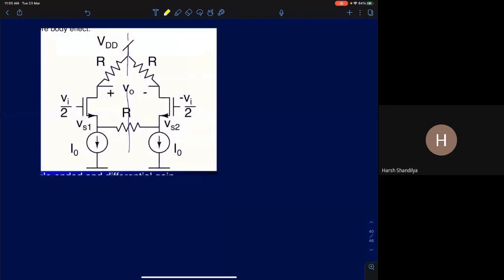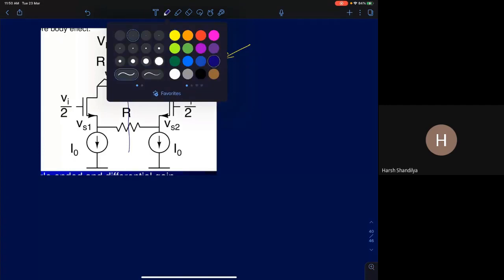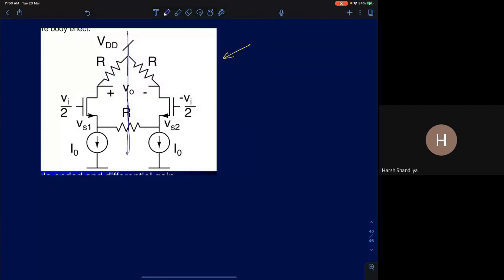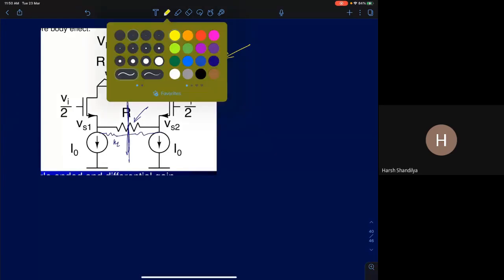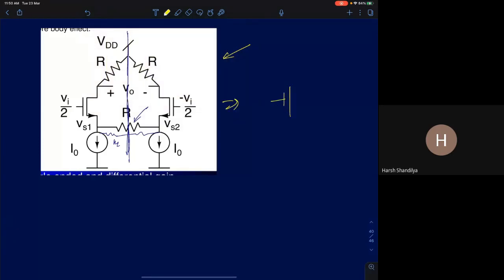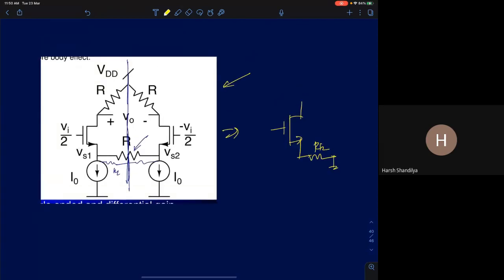So now, if you are given a circuit like this, we just drew a half circuit this way. The line is here. If I draw a line here, what will happen? You'll have to split the resistor into two halves here, R by 2 and R by 2. So the half circuit reduces to something like this. You have R by 2 here to ground, and then you have resistance R to AC ground.